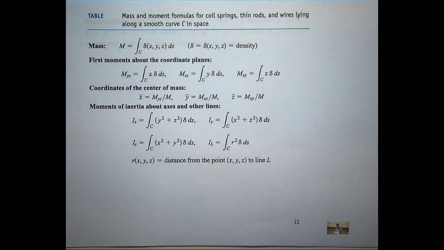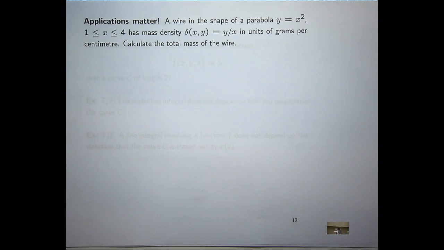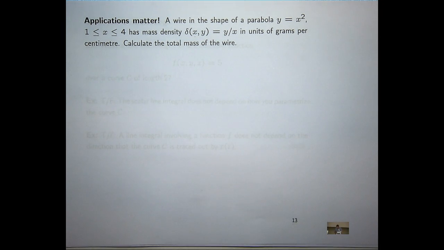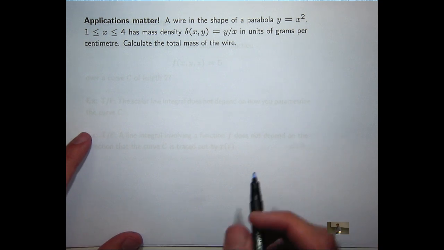Let's see how we can use this in a problem. This is a good problem, and it's fairly simple. We've got a wire bent in the shape of a parabola, and we've got a representation for the density function.